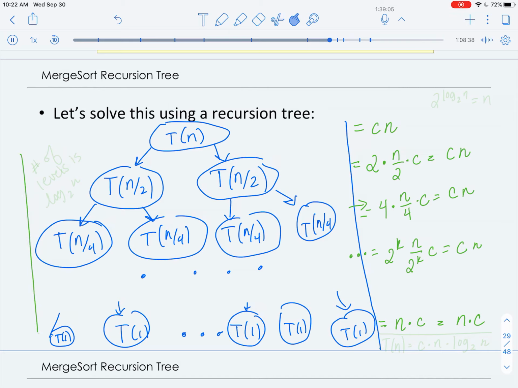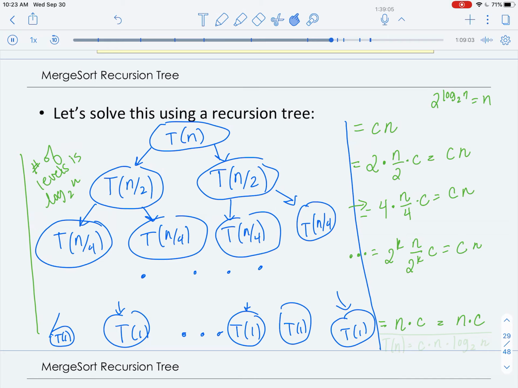How many levels can we have on this tree? The number of levels is going to be log base 2 of n. And we've already discussed that, because here we are observing that 2 to the log base 2 of n is just equal to n. So this is the number of times that we can keep on dividing our list in half until we hit a base case.